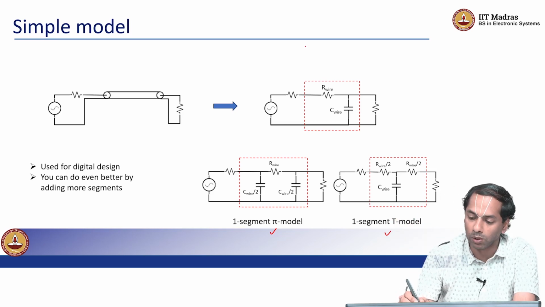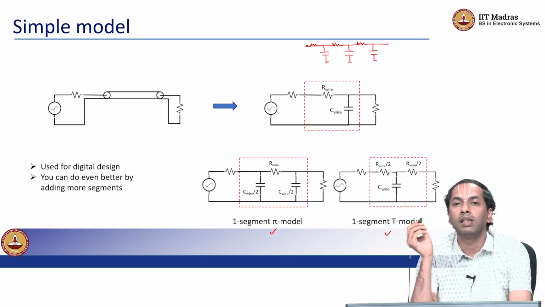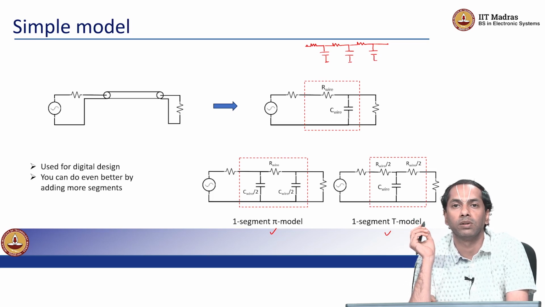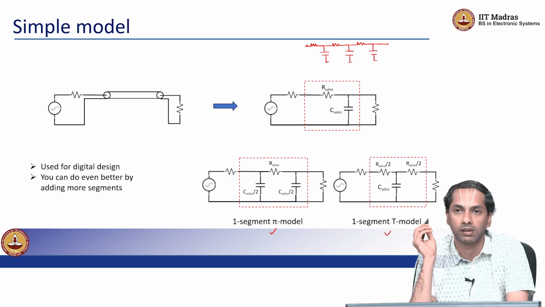That is what the second bullet is saying, that instead of just a single RC, I could have a bunch of them. And these happen to be slightly better than lumping them into a single resistor and a capacitor, right.